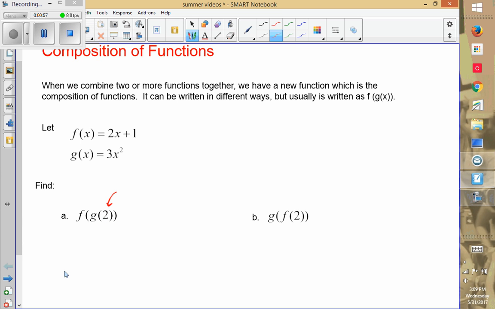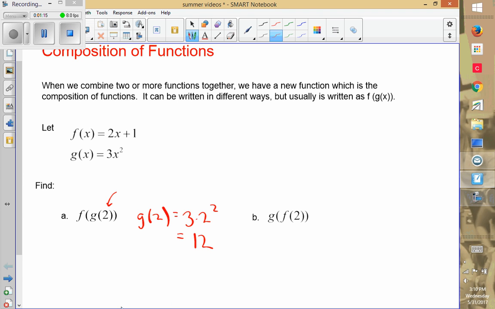And what we want to do first is actually look at the number that is the most inside of anything else. Right now, this implies that we are going to put 2 inside of the g of x equation, which when we do that, we are going to get 3 times 2 squared, which is 3 times 4, and we're going to get 12.